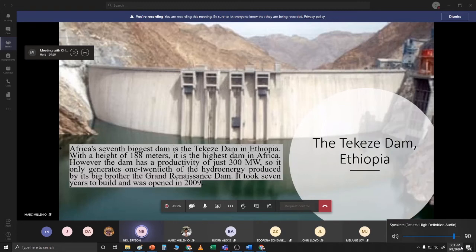The Tekeze Dam in Ethiopia. Africa's 7th biggest dam is the Tekeze Dam in Ethiopia, which has 188 meters. It is the highest dam in Africa.